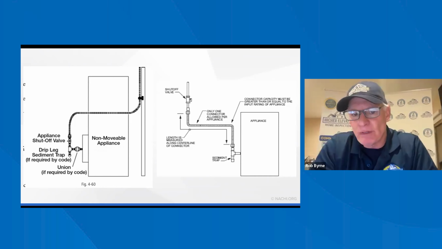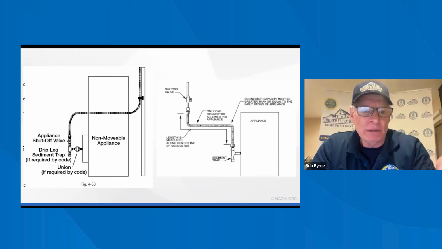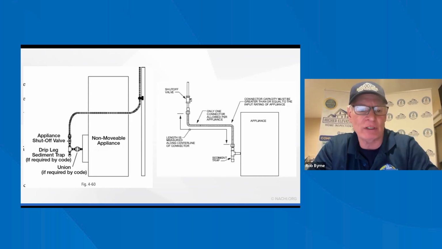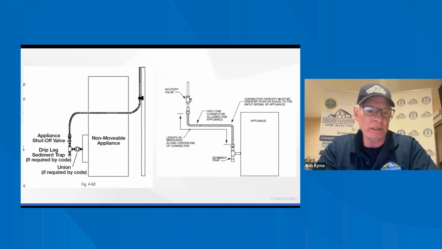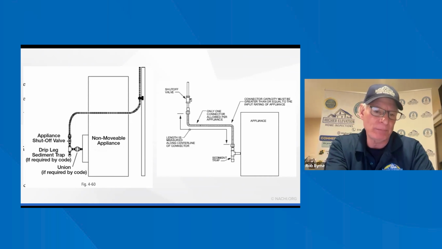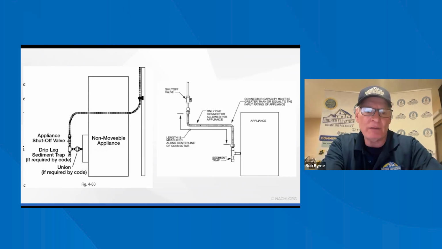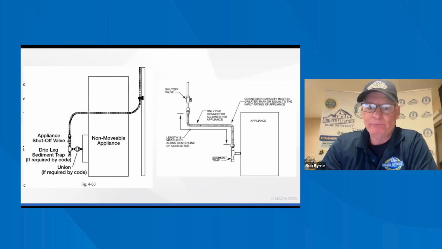This is all figured out when they install the appliances, but shut-off valve at the appliance, whether it's a water heater or a furnace or anything that has gas, you have to have a shut-off right at that point. And then a union, some places it's required, some places it's not, but at least you have that. If it's a non-movable appliance, you can disconnect that if you have to.